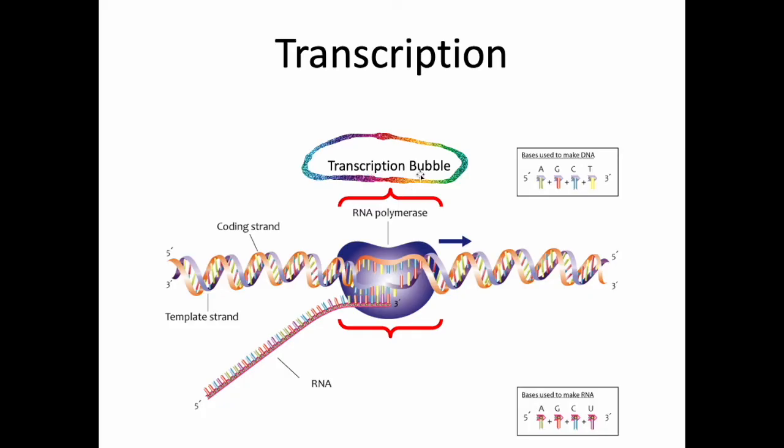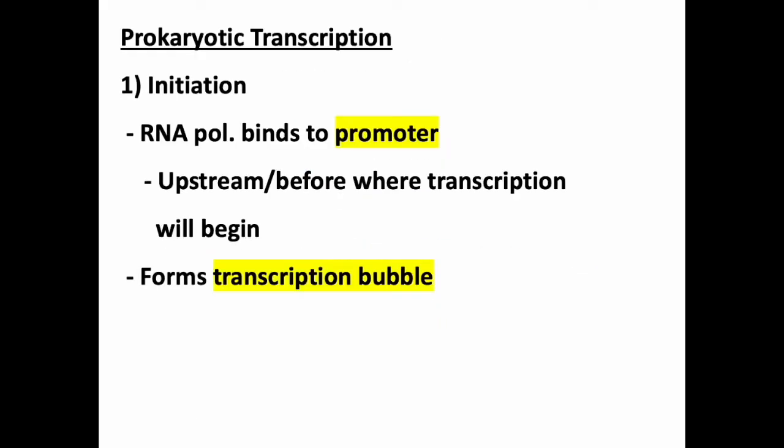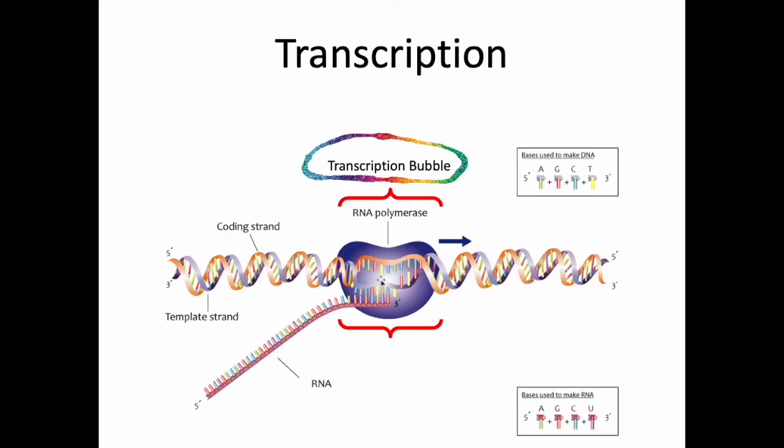This little bubble where it's been unzipped is called, appropriately, the transcription bubble. So we're still in initiation. RNA pol binds to the promoter, and it forms the transcription bubble. The key terms define a transcription bubble as a region of locally unwound DNA that allows for transcription. Again, it's unwound, it's unzipped, it's single-stranded, but it's just this local region right here.